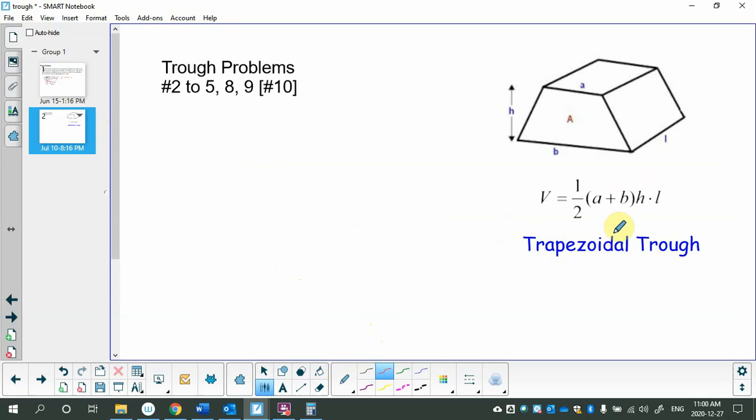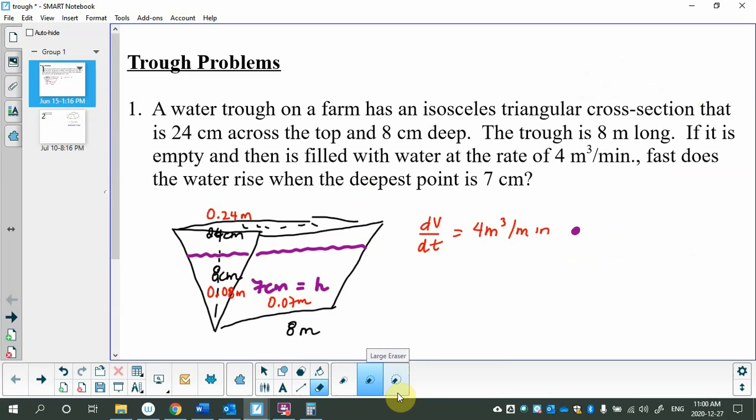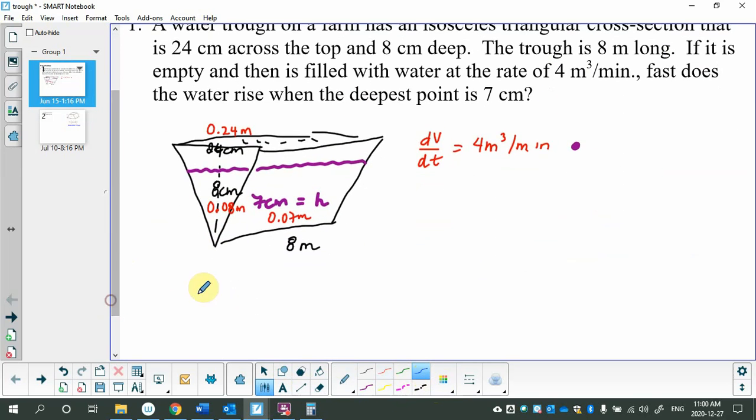If you have a trapezoidal trough, so trapezoid, that thing behind the goalie net, this is your trapezoid formula for this area right here times the length. So if I want to know an isosceles triangle, I will have to come up with a formula.